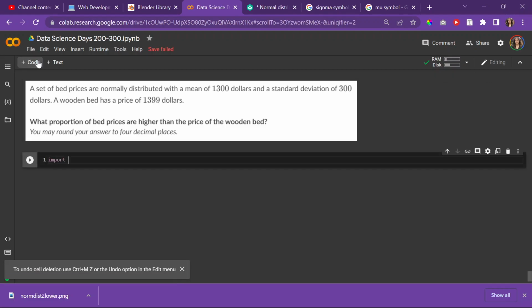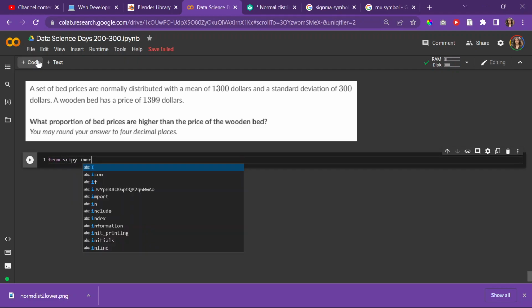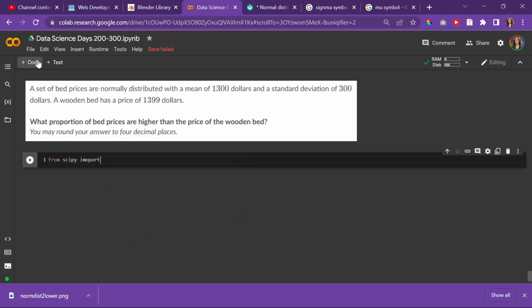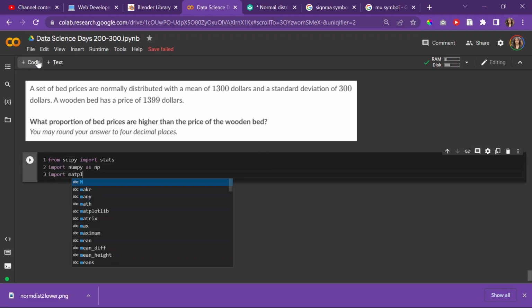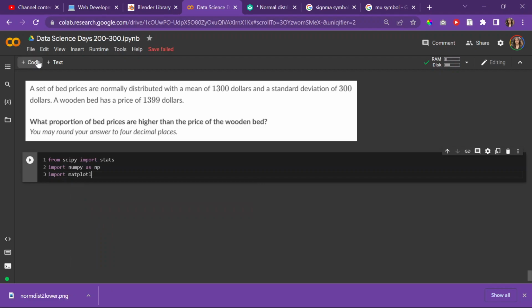Again, I'm just going to go through this real quick. From SciPy import stats. Then we're going to import numpy as np, import matplotlib.pyplot as plt.